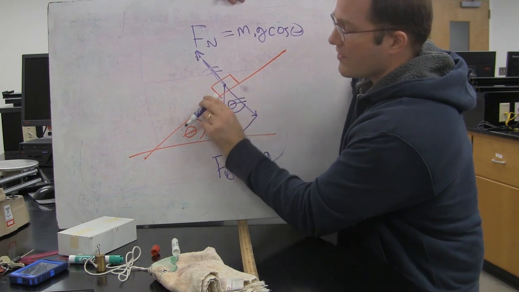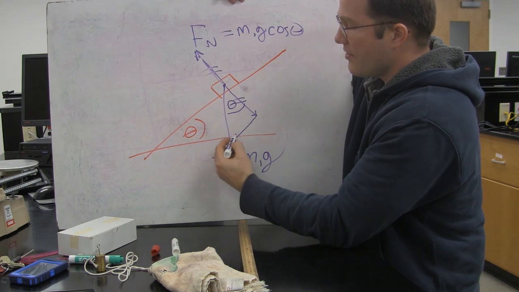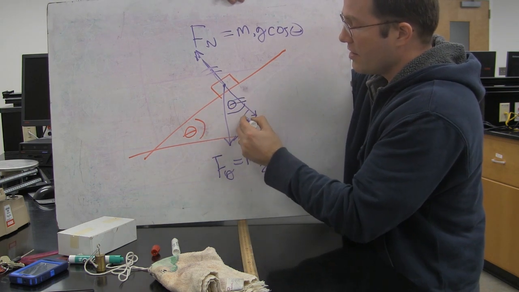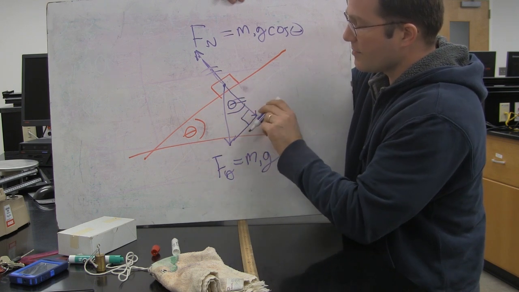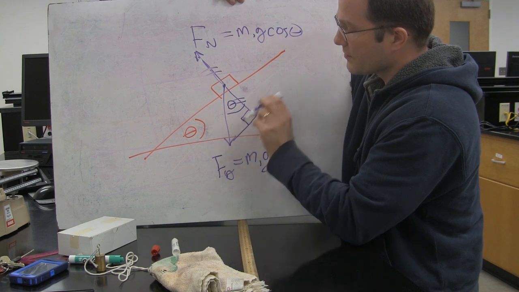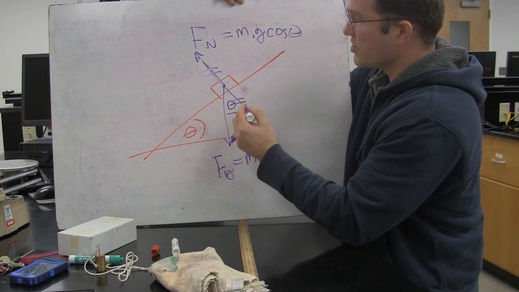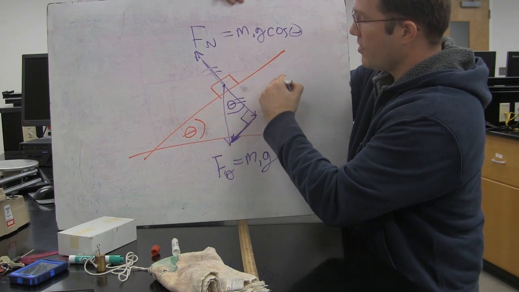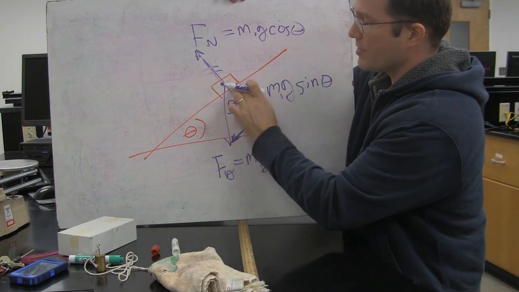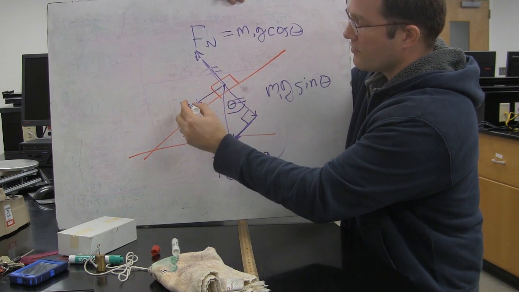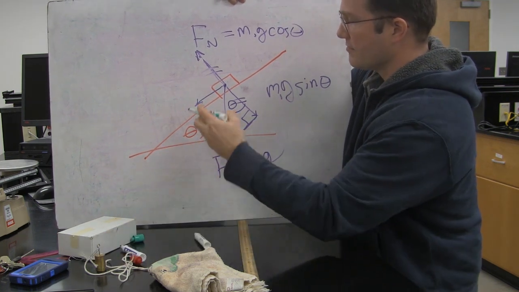Our net force, we know, is down the track. So where does that net force come from? Well, the other component of gravity, the component parallel to the surface of the track, is m1g sine theta.